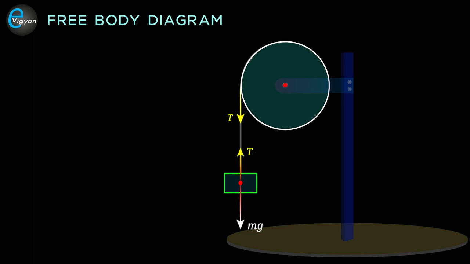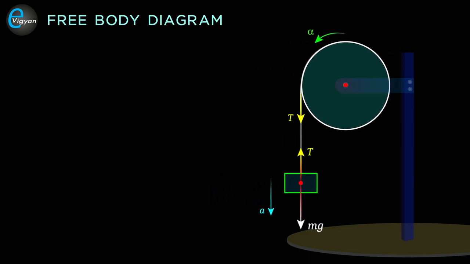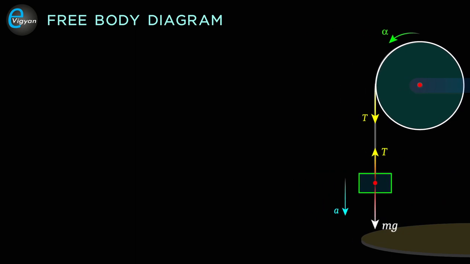Since in this case there is only linear motion of the block and it is going down, it will have only linear acceleration in the downward direction. So here an arrow pointing down represents the linear acceleration of the block. And for the cylinder there is only rotational motion in the anti-clockwise direction, so it will have only angular acceleration in that direction. So here an arrow pointing anti-clockwise represents the angular acceleration of the cylinder.